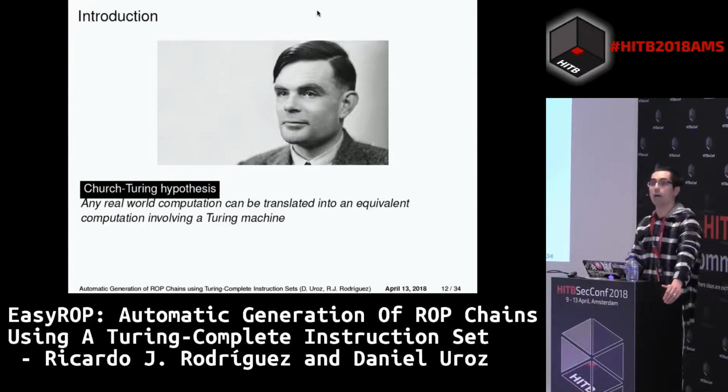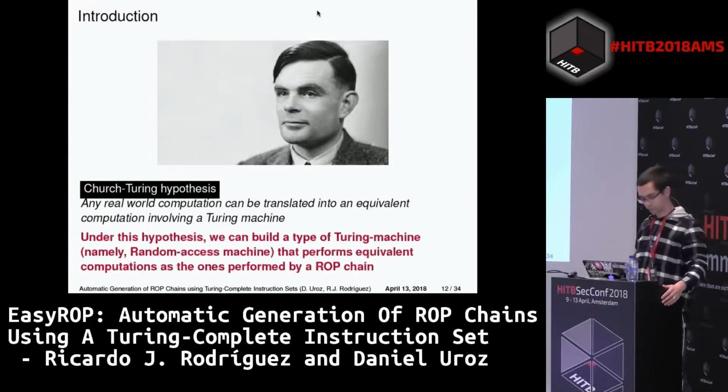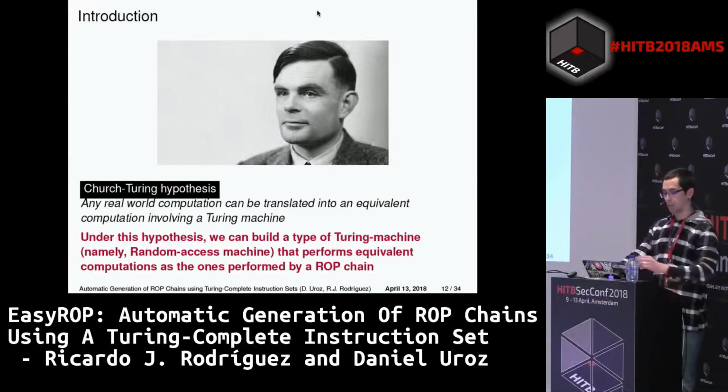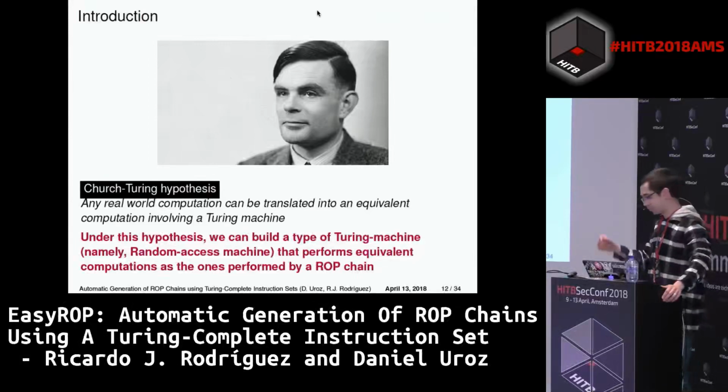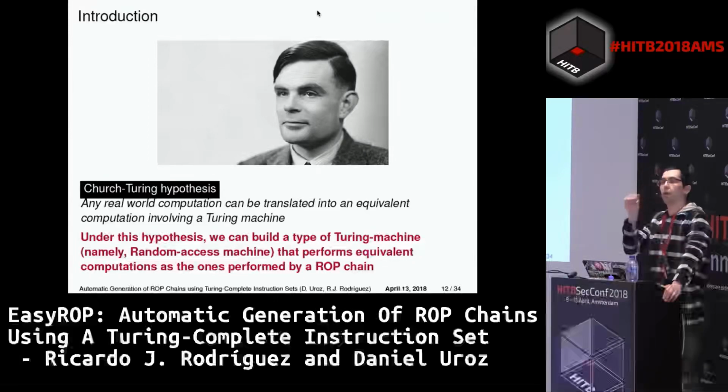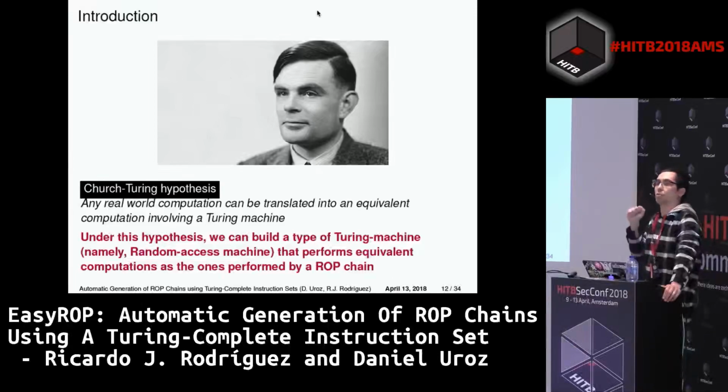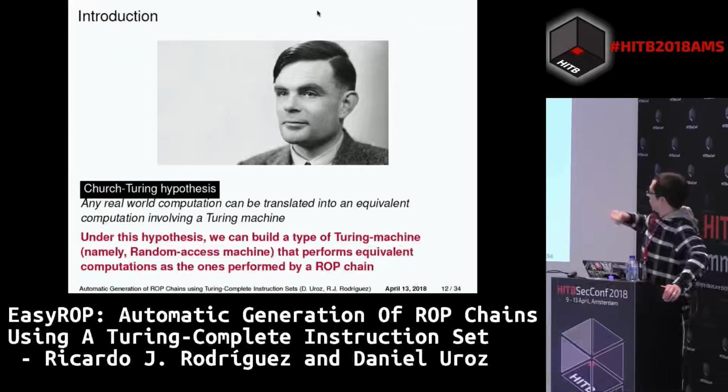So, considering this hypothesis, if we can find ROP gadgets that implement all the operations of a Turing machine, that means that the attacker will be able to do whatever he wants. Okay, this is what I have told you here.